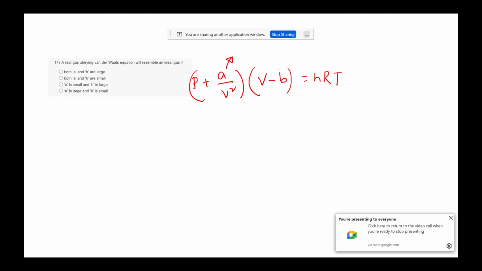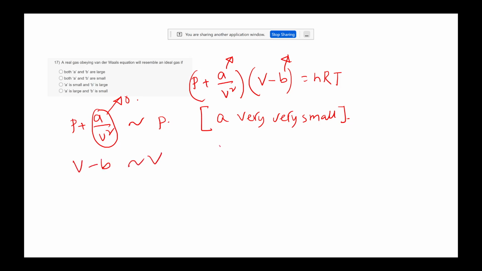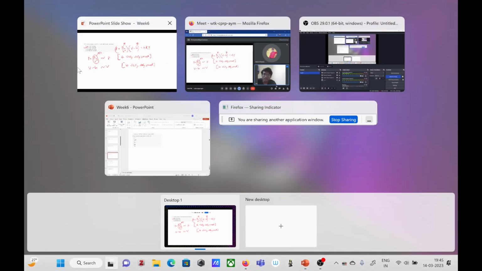Now if a and b are large, then we cannot write P plus a by V square as P. When can we write that? We can write it when a is very, very small, then this contribution will go to 0 and it will come back to P. And if you write V minus b, then also when b is very, very small, meaning no volume for the molecules, it will convert to V. So this will be right: a and b both are small. Yes, right.